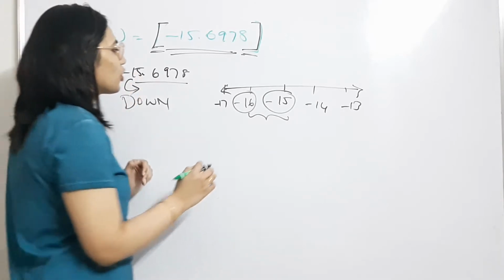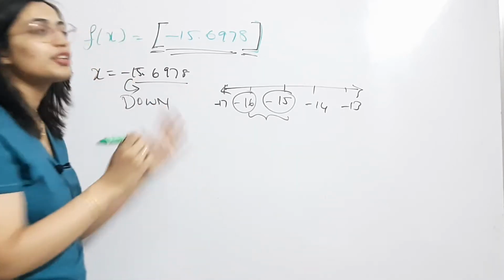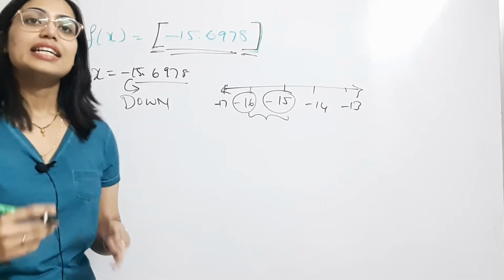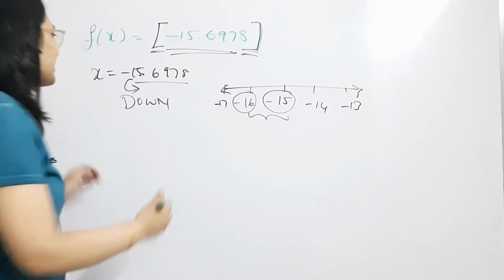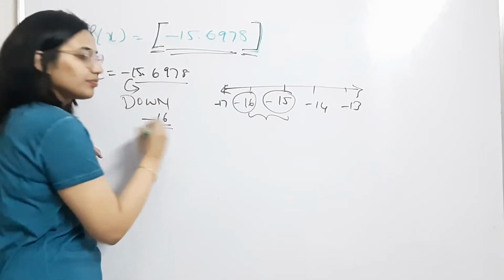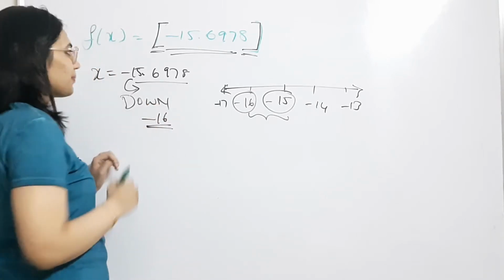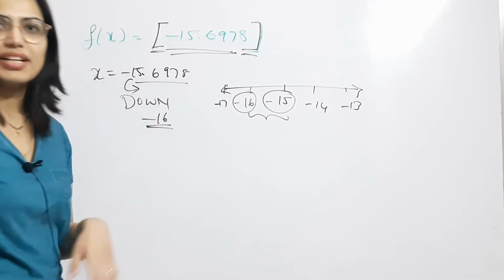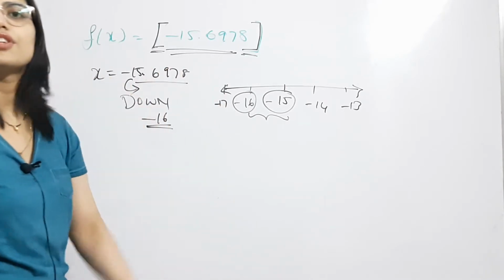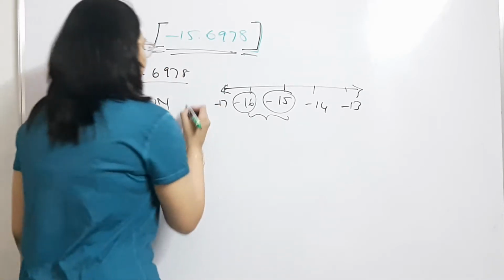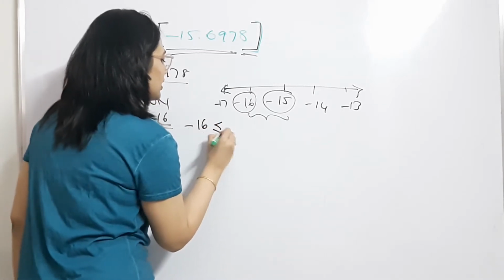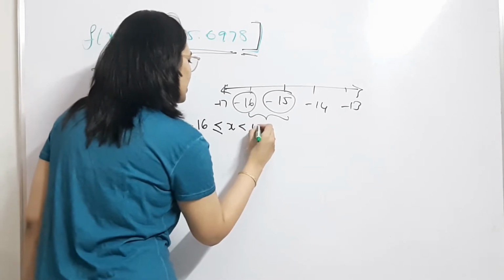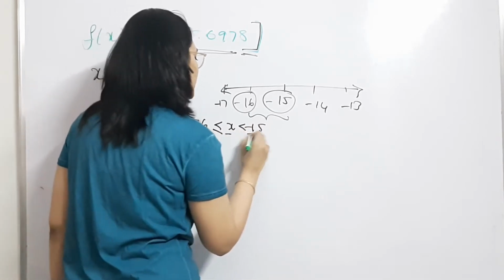In this case, what is the value that is nearer to minus 15, the greatest value, but less than minus 15? Is it not minus 16, right? Because minus 16 is less than minus 15, as it is towards the left of the number line. So can we not write this as minus 16 less than or equal to x less than minus 15?